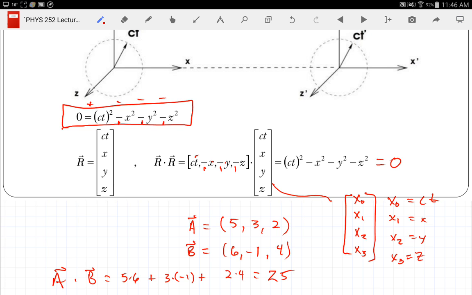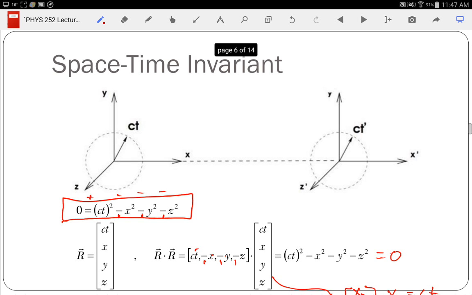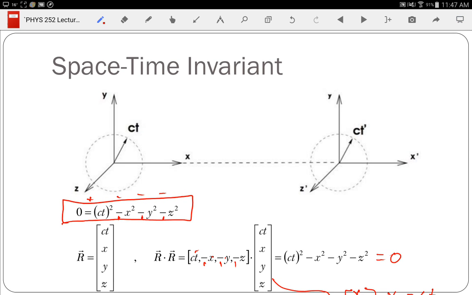Since we're only doing one lecture on this, we're just going to leave it as CT and not call it x0. Why do they make this conversion? What are the units of CT? Meters. Meters, distance. So we have the same units for everything in our x's. Common unit makes more sense. And then we can do our math using things like Einstein summations, and the index 0, 1, 2, 3 makes some sense. So we're not going to do that, but I want you to see it in case at some point you read a book on relativity or particle physics, which relies on relativity calculations, and you see that, you want to know, what does it mean?